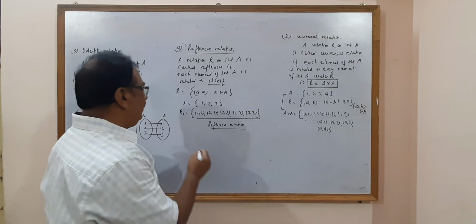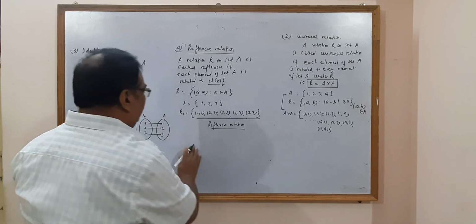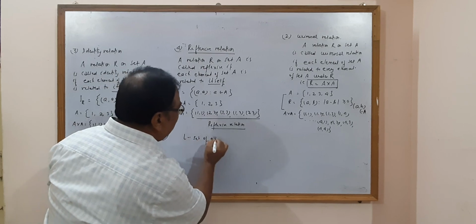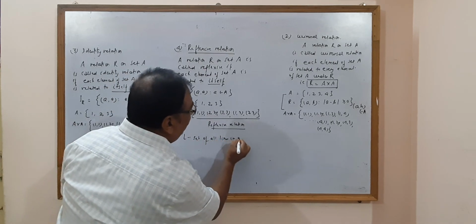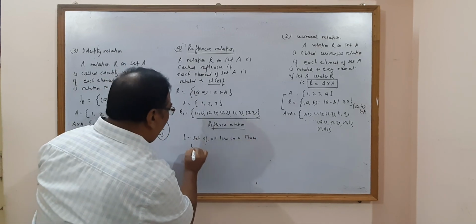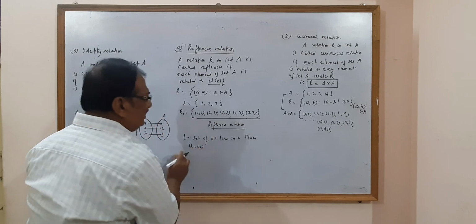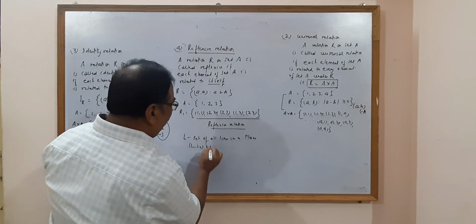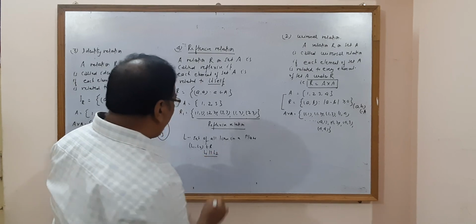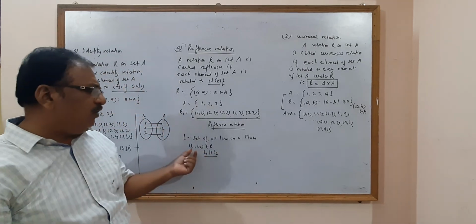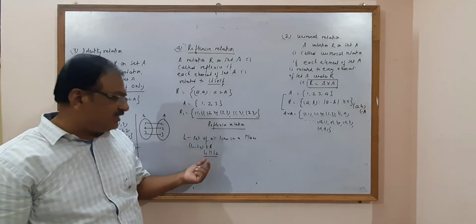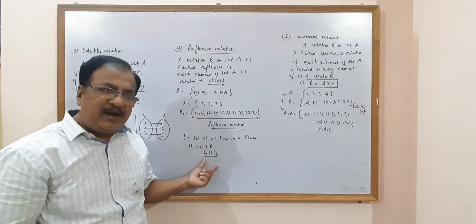Now suppose an example. Suppose L is the set of all lines in a plane, and a relation between two lines is established under the criterion that L1 is parallel to L2.